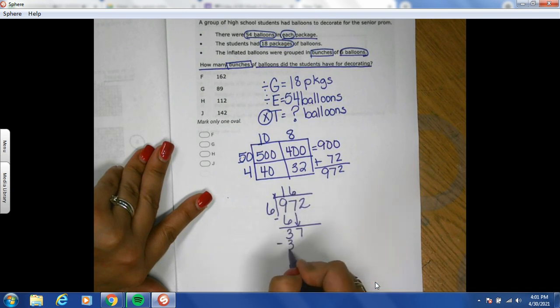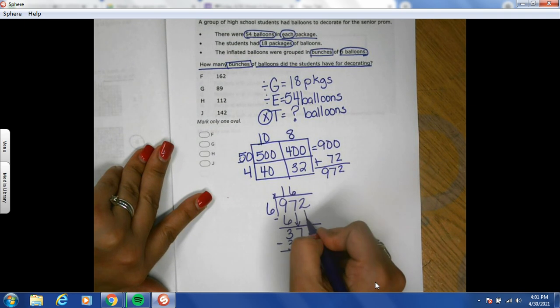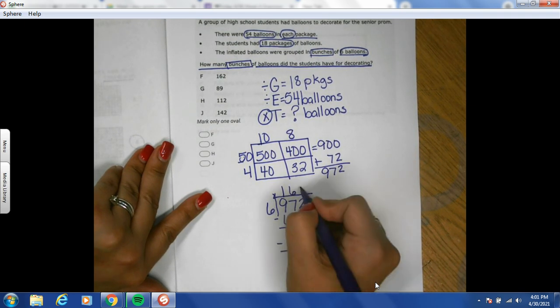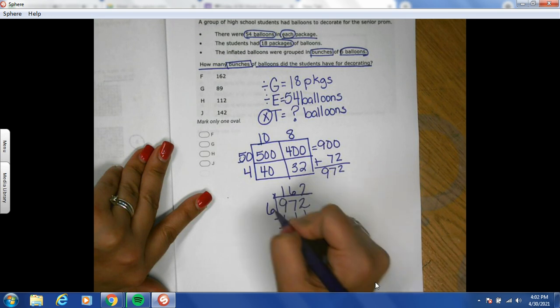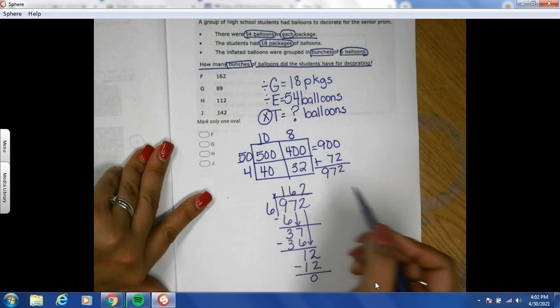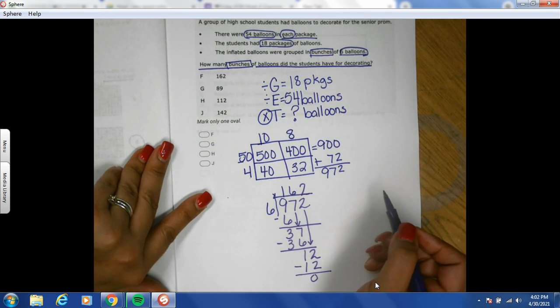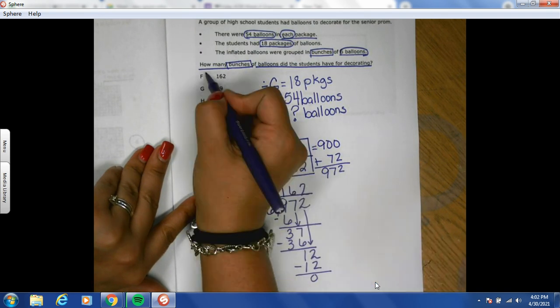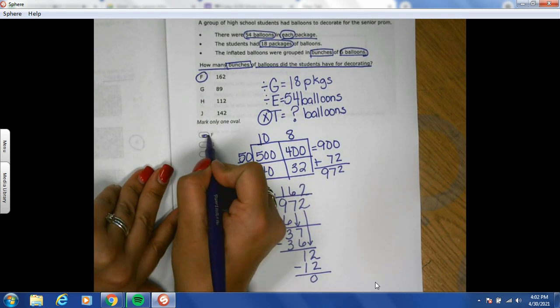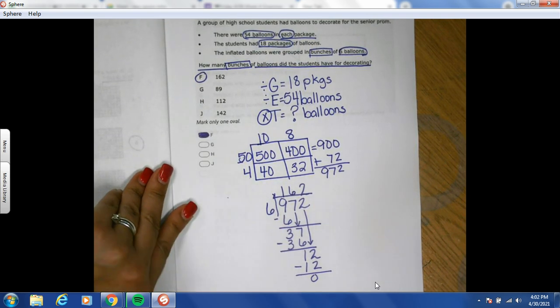I subtract 36. I have 1 left over. And then this 2 drops down. And then 6 times 2 is 12. Subtract the 12 and I'm left with 0. So I'm going to make a total of 162 bunches. So my answer choice is going to be letter F.